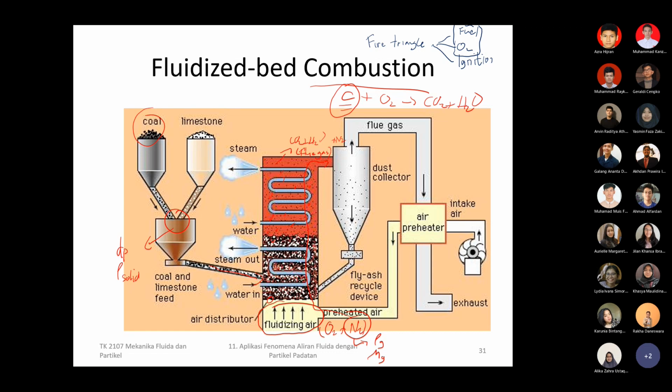Here you already have the coal, and then you already provide the oxygen from the bottom. So the key point over here is how can you provide the ignition. Maybe you have a couple of options to provide ignition.